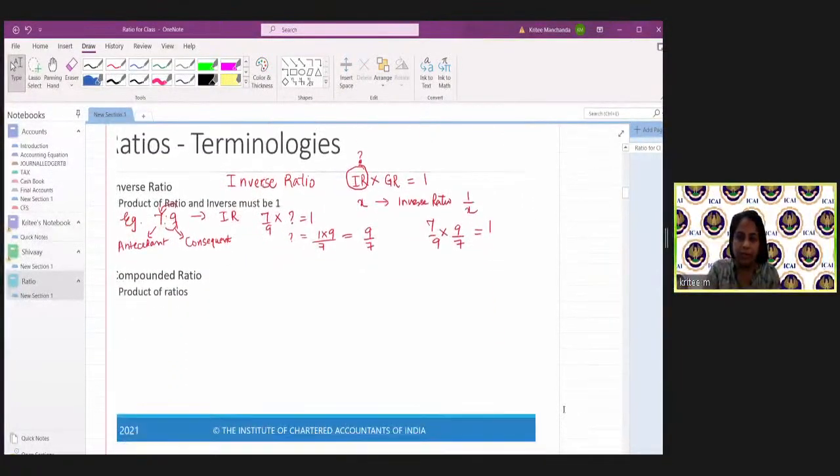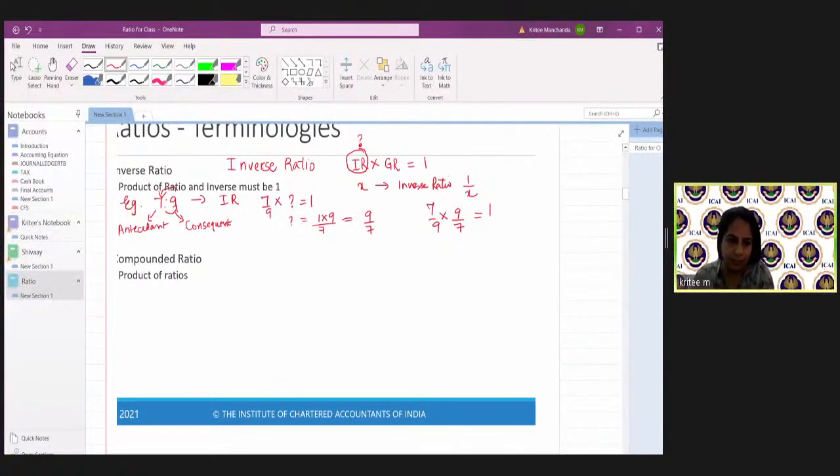Then another very important and very interesting concept is compounded ratio. So when I say compounded ratio, supposedly I have been given 2 ratios, that is A by B and C by D. So compounded ratio is nothing but product of the ratios. So when I have to compound these two ratios, I would be multiplying the antecedents and multiplying the consequents.